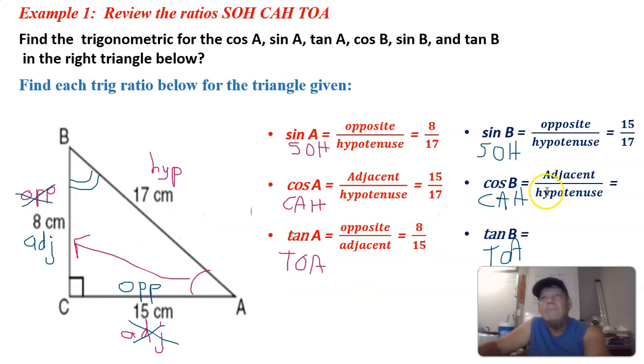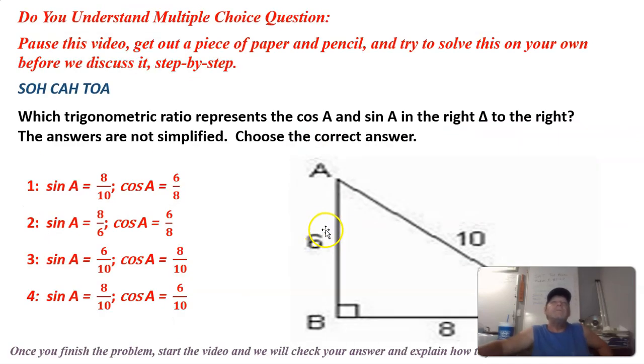The cosine, adjacent, which is 8, over hypotenuse, which is 17. And then tangent, which is TOA, well, opposite over adjacent, opposite 15 over 8. So there are correlations here, and we'll talk about them in later lessons.